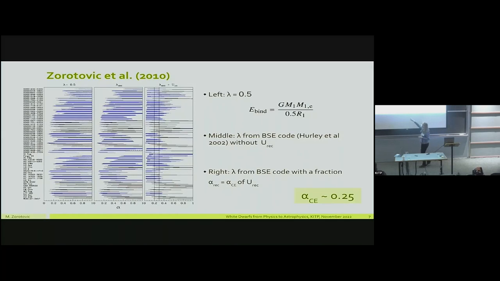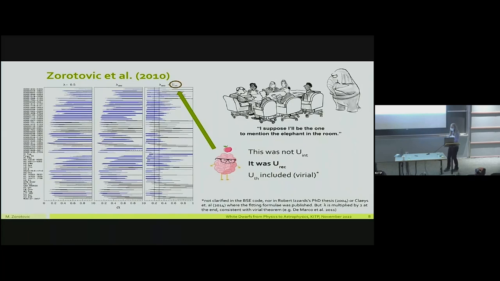We did that because there was one system, IK Peg, that could not be reproduced without this extra energy source. So you are citing something that includes recombination energy, while you are using 0.25 without recombination energy in your calculations. So be careful.